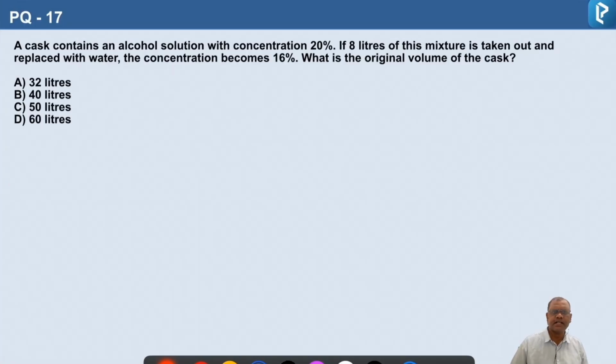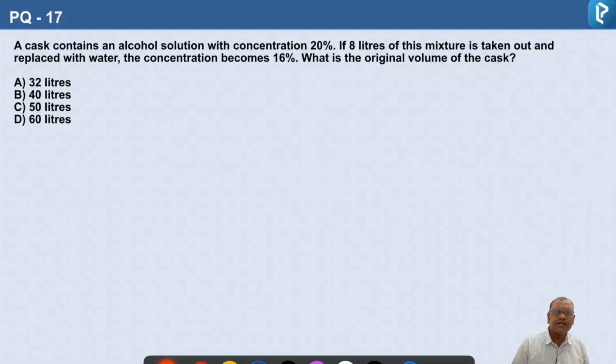Question number 17. A cask contains an alcohol solution with concentration of 20%. If 8 liters of this mixture is taken out and replaced with water, the concentration becomes 16%. What is the original volume of the cask?